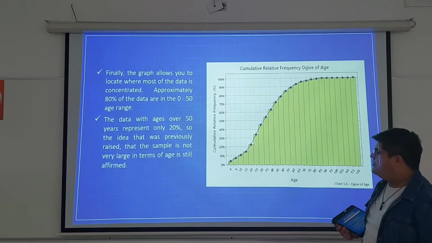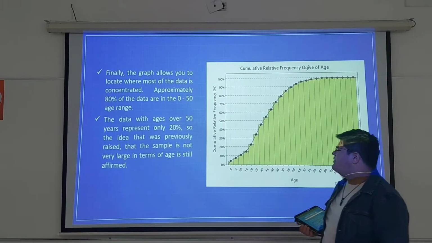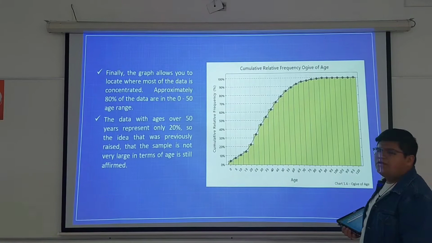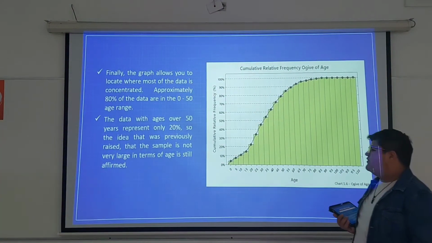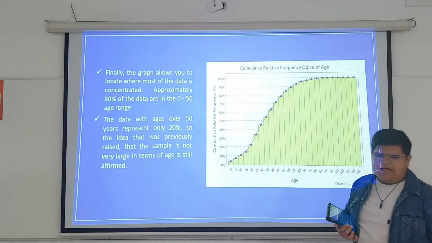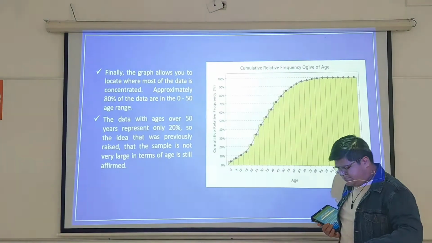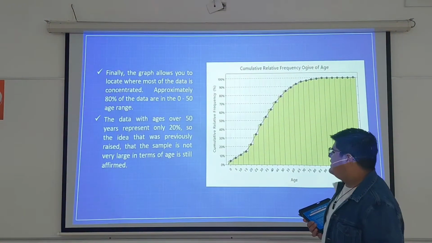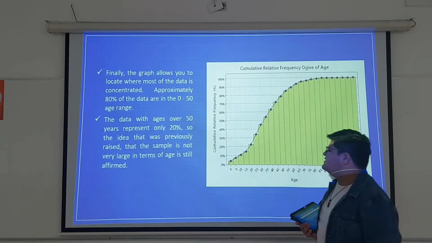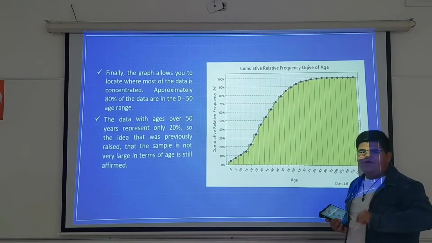And so the data with age over 50 years represent only 20%. So the idea that was previously raised, that the sample is young, that the sample is not very large in terms of age, is still affirmed.